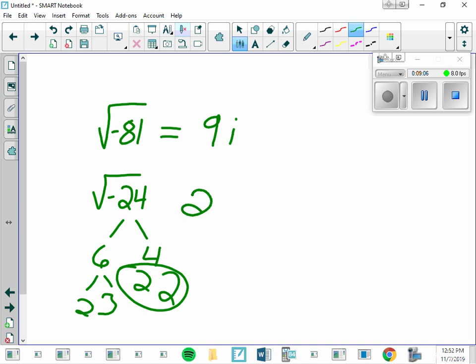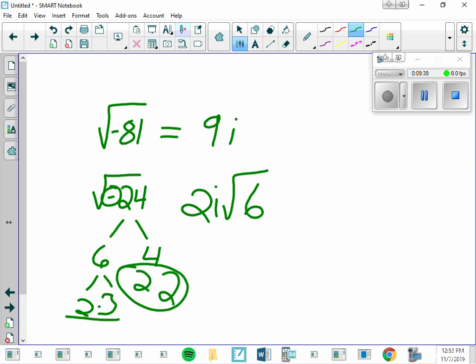So 2, and what stays in? 2 times 3, which is 6. But where does the negative go? In front of? Ooh, so close. Where did I put the i here? After the number. So it actually goes right there: 2i root 6.